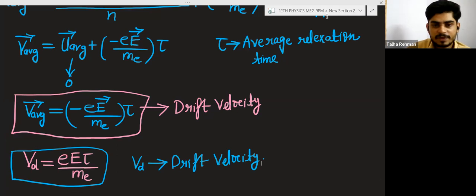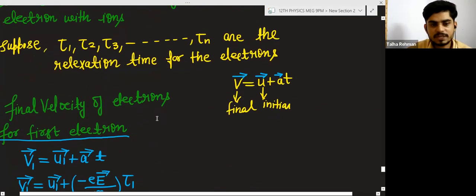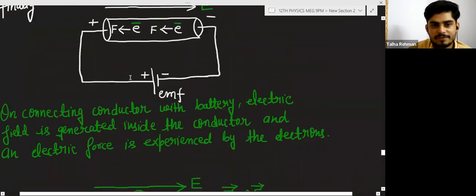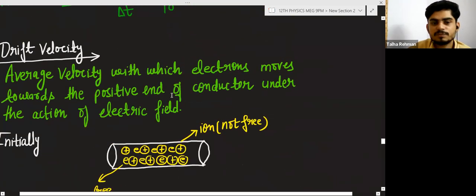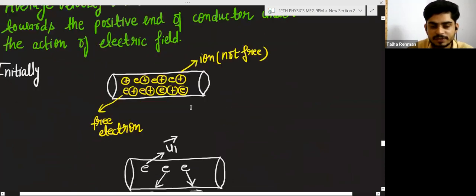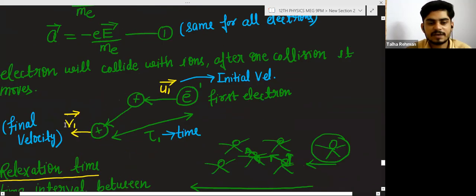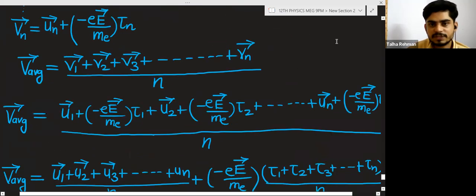I have written earlier, drift velocity was the average velocity with which the electrons move towards the positive end of the conductor under the action of electric field. We have just calculated the average velocity, and this average velocity is the drift velocity.